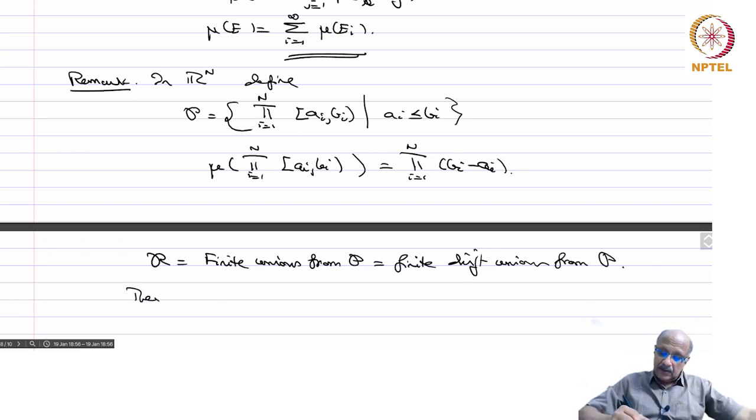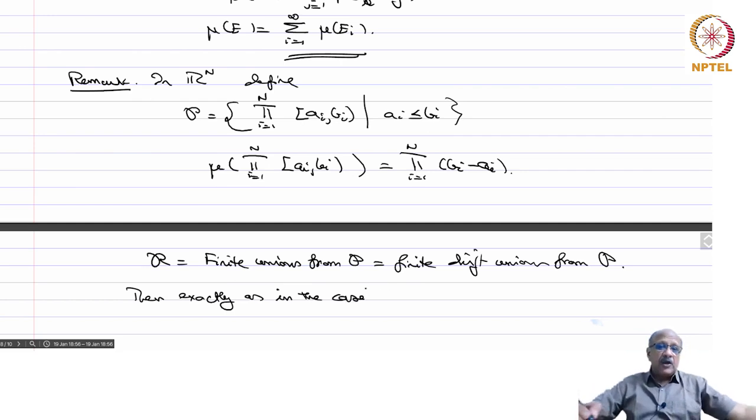Then exactly as in the case n equals 1, only your notations and computations will be a little messy, but there is no ideological difference from the arguments or the ideas involved.